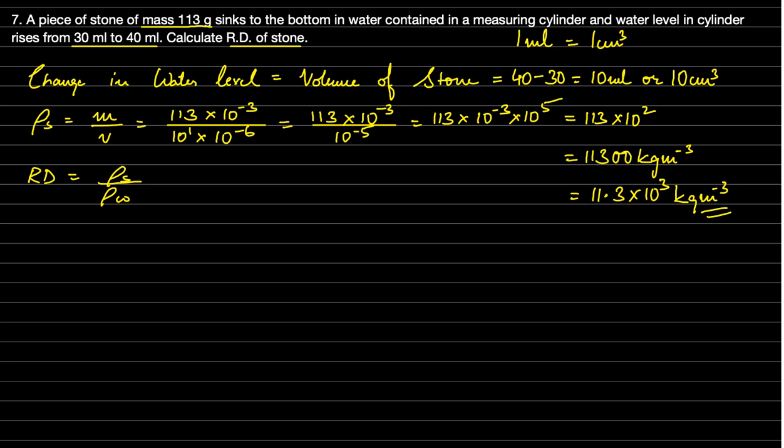Now density of substance, we know it as 11.3 into 10 to the power of 3, divided by density of water, which is 1000 kg per meter cube. So that can be written as 10 to the power of 3. 10 to the power of 3 and 10 to the power of 3 cancel. We get our final answer as 11.3.